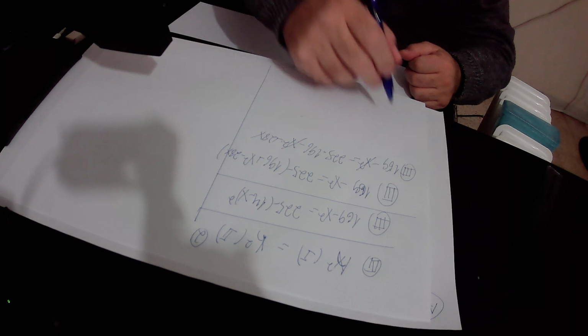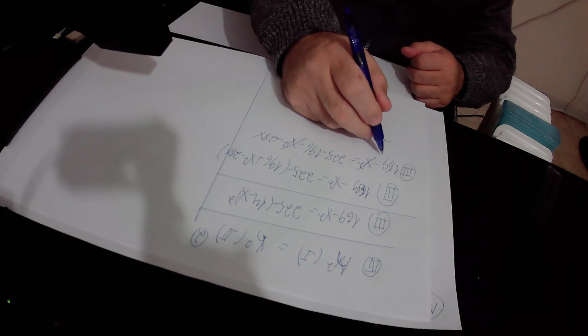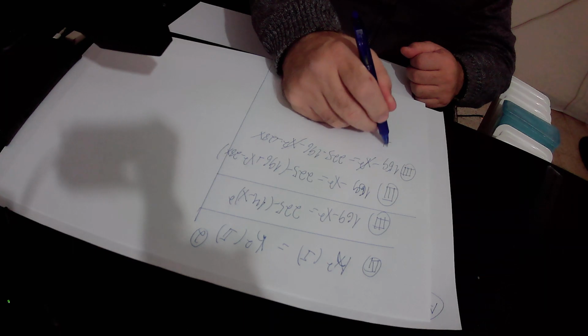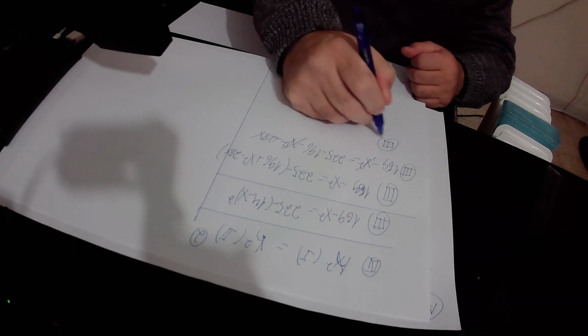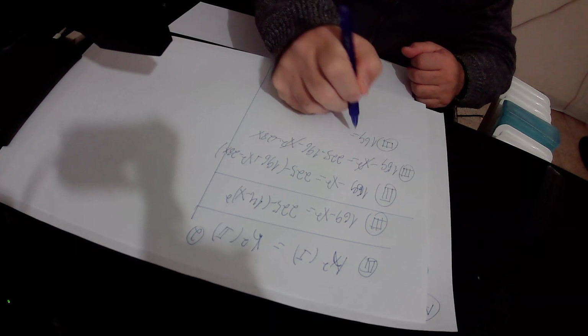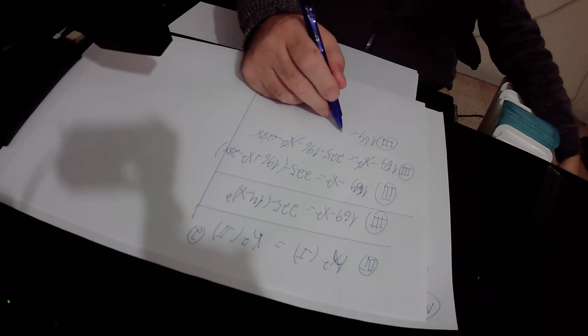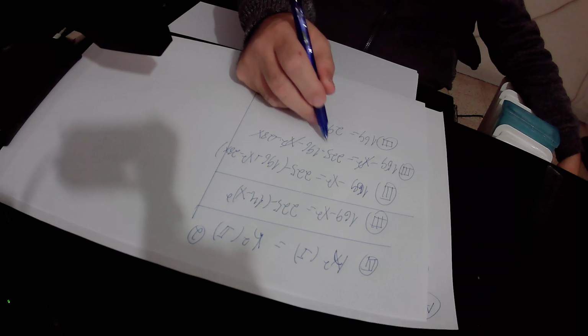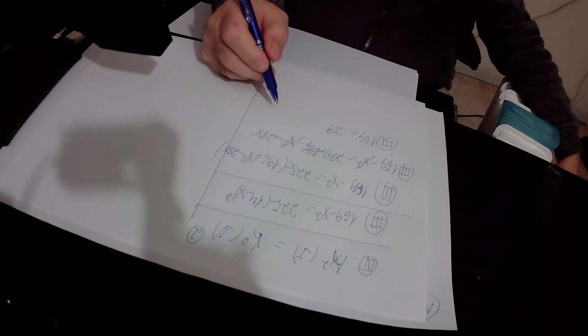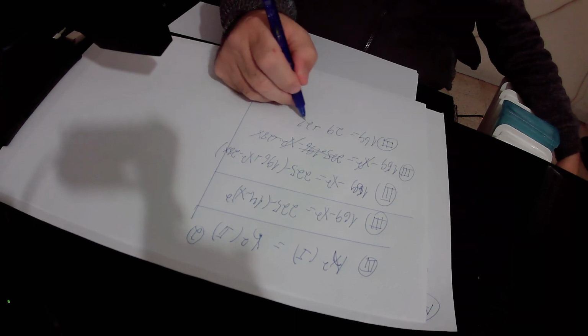So we are left only with 169, which equals 225 minus 196, that is 29, plus 28x.